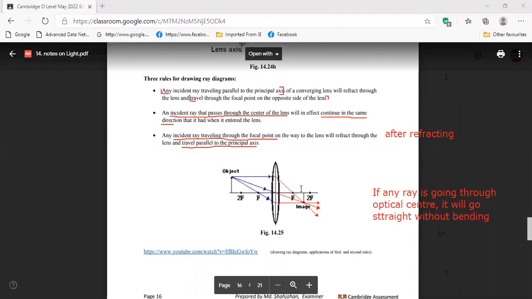This type of image we can show on the screen. That's why this type of image is called a real image. Here we got a real image. You write it: real image.